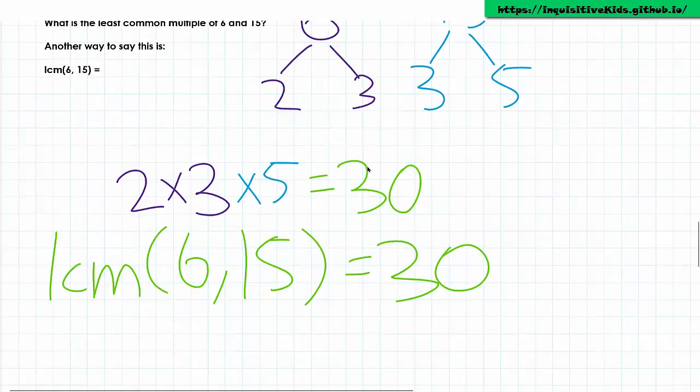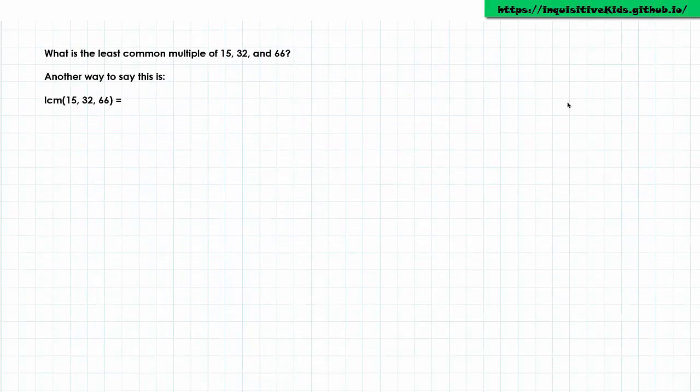Let's move on to the next example. What is the least common multiple of 15, 32, and 66?